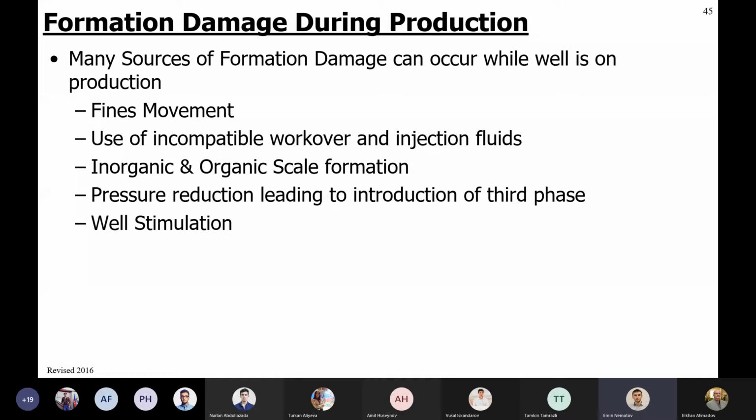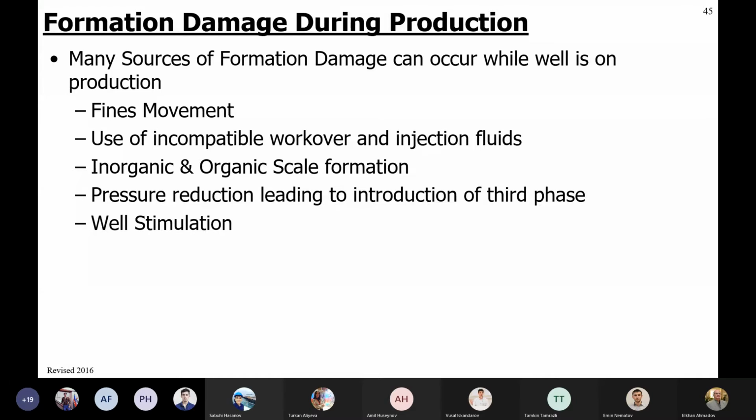I think the third phase here is water, if I'm not mistaken. Water is always the second phase. Maybe solid particles from the sand production may come into the tube, and it would be called a third phase, as a solid phase. Well, we considered it as fines movement.